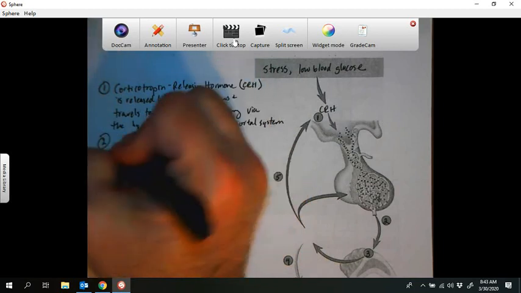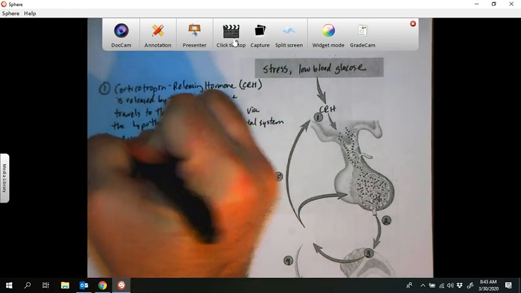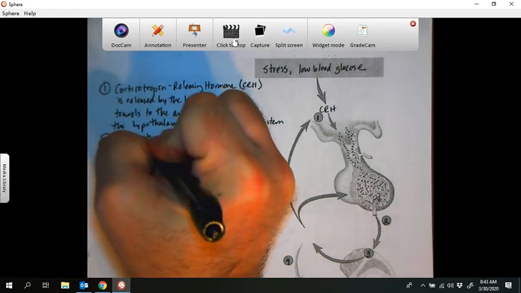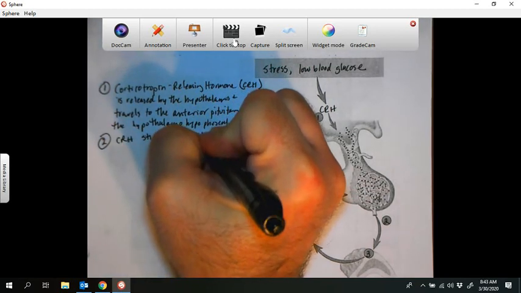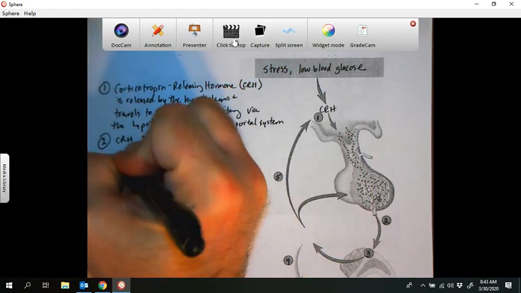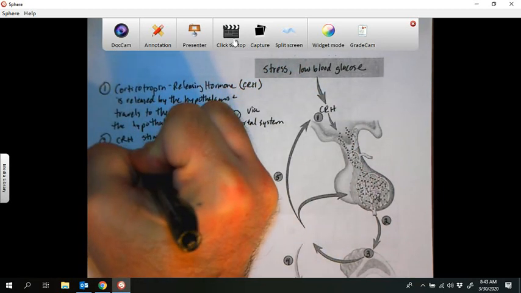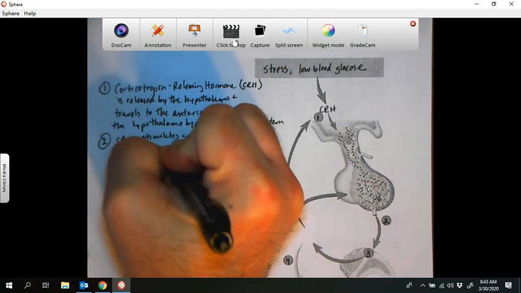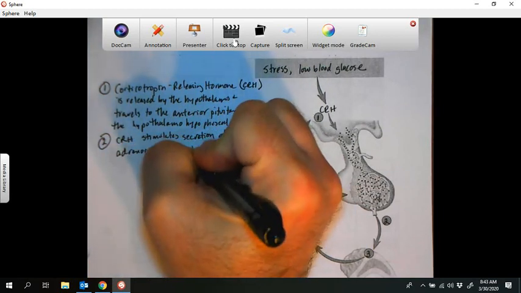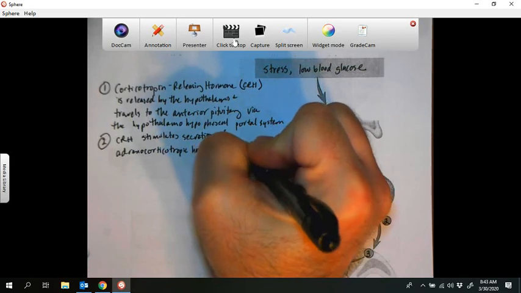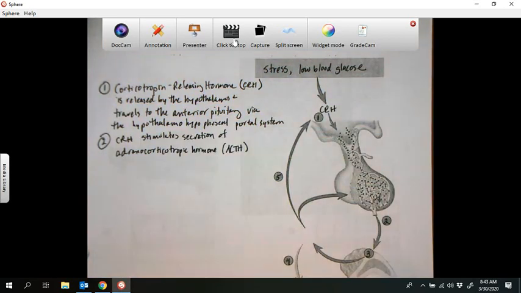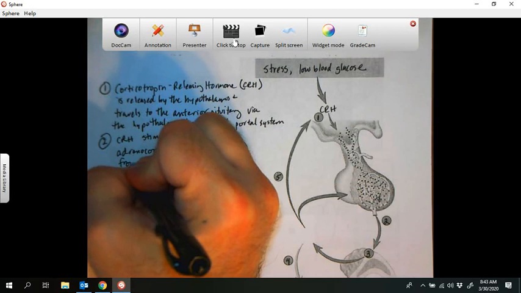Number 2, the CRH stimulates secretion of adrenocorticotropic hormone, which we talked about during the pituitary. This is ACTH, from the anterior pituitary.